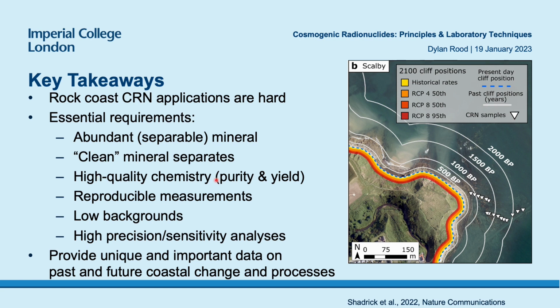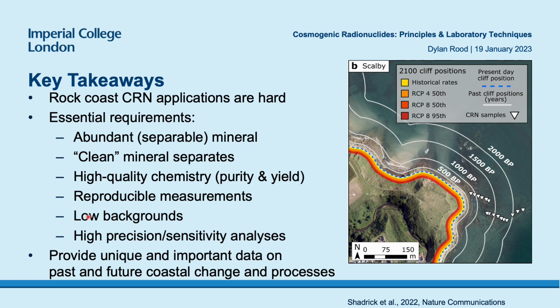During the chemistry, monitor purity and yield, to ensure that you have the purest, highest yield of the material. Assess the reproducibility as you go, both with field replicates and also with standard quartz or mineral standard materials, just to make sure your measurements are reproducible. Work on getting low backgrounds and quantifying that background as well as possible.